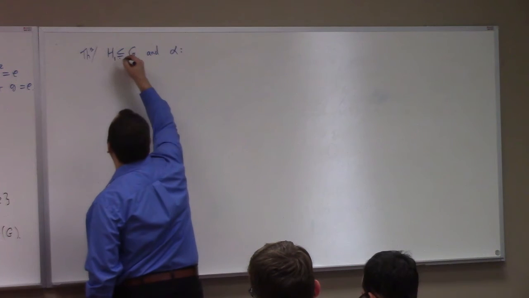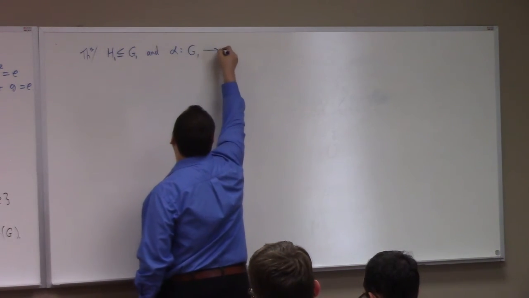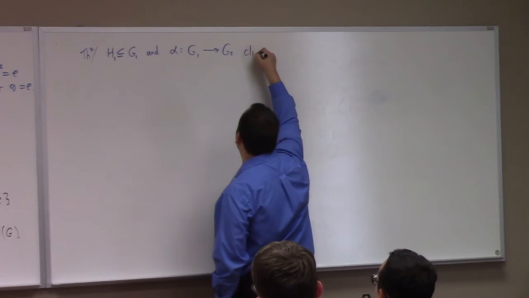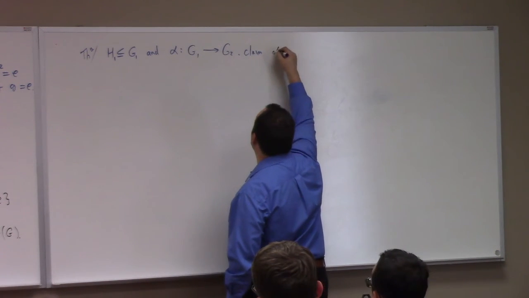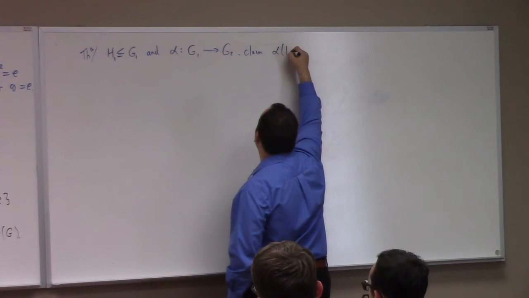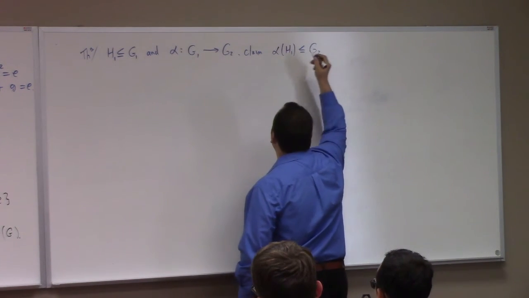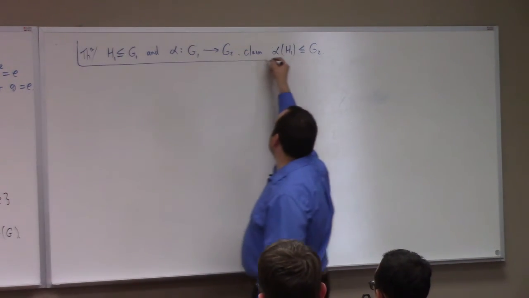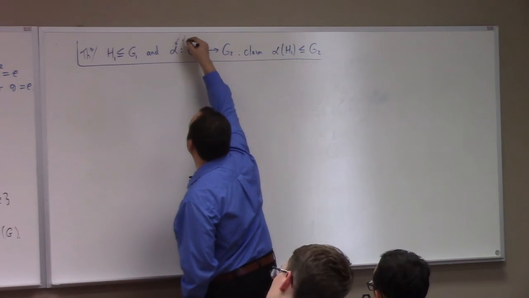Let's say H1 is a subgroup of G1, and alpha is a homomorphism from G1 to G2. I would claim that alpha of H1 is a subgroup of G2. In other words, the image of a subgroup is a subgroup. Do you know how to prove this? Is alpha a homomorphism? Yeah, alpha is a homomorphism.